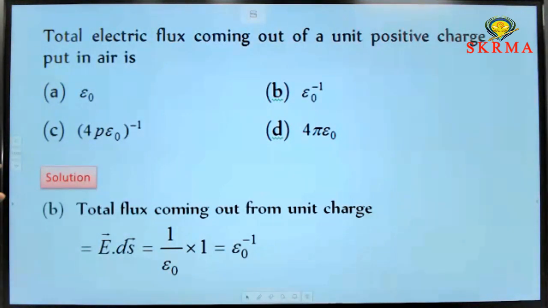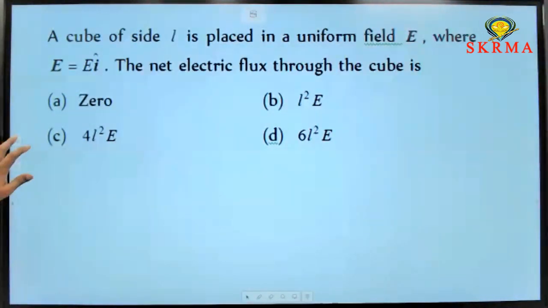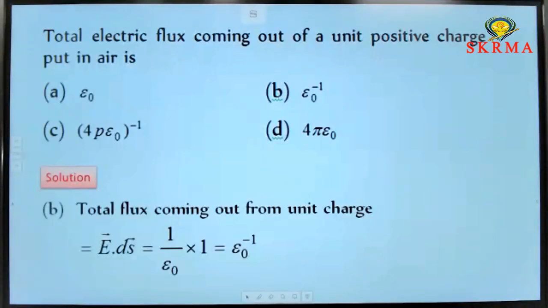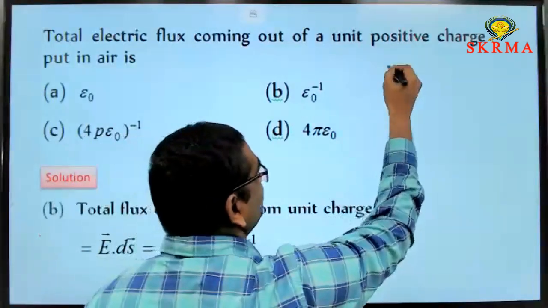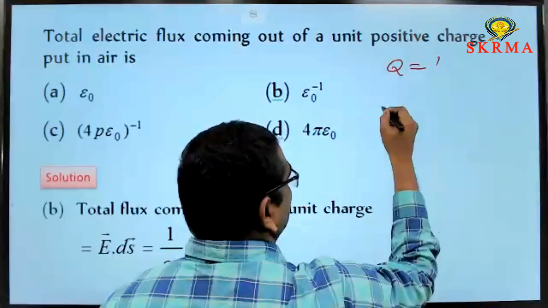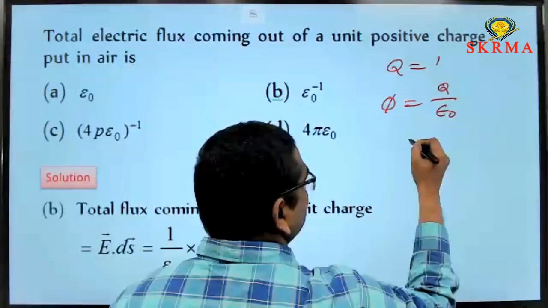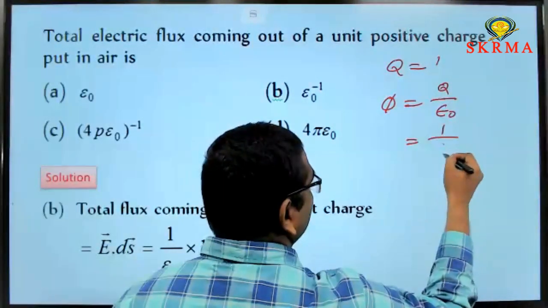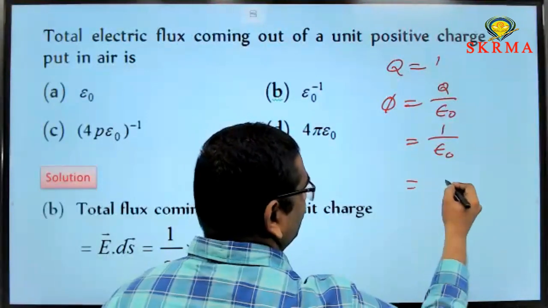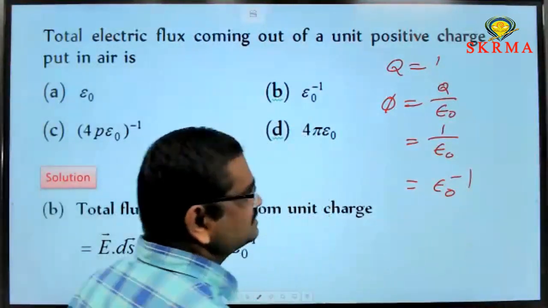So electric flux coming out of a unit positive charge put in air. So that means charge is given as Q equal to 1. So the electric flux formula is Q by epsilon naught. So substitute 1 for Q. So 1 by epsilon naught, or epsilon naught inverse, is the answer.